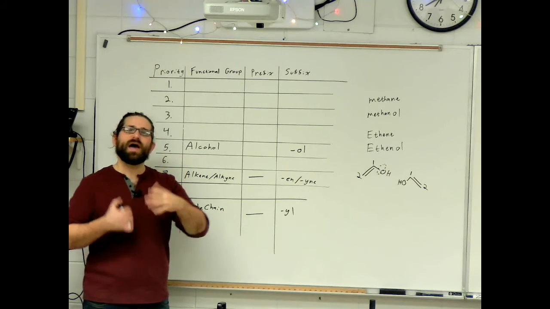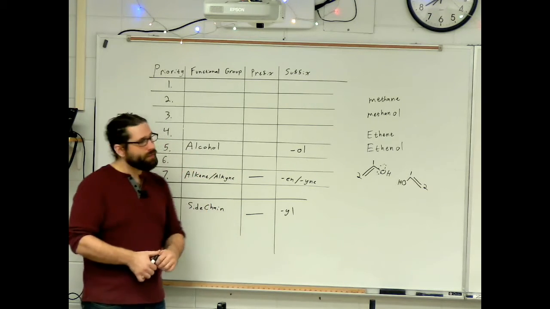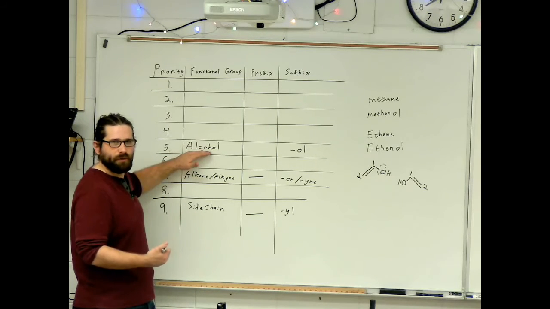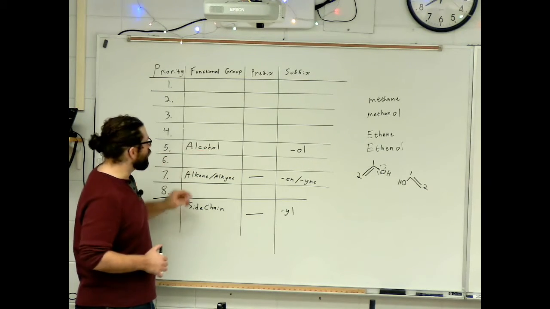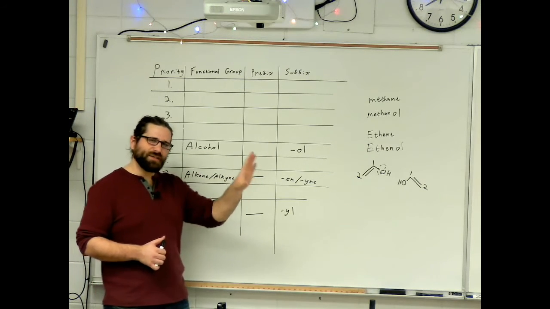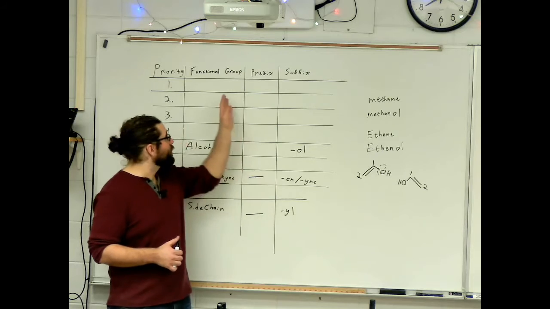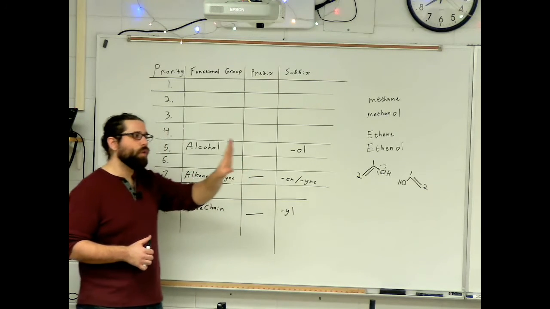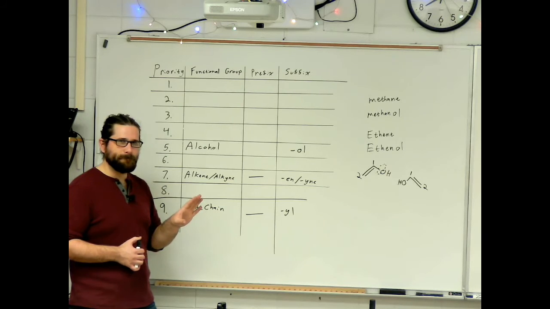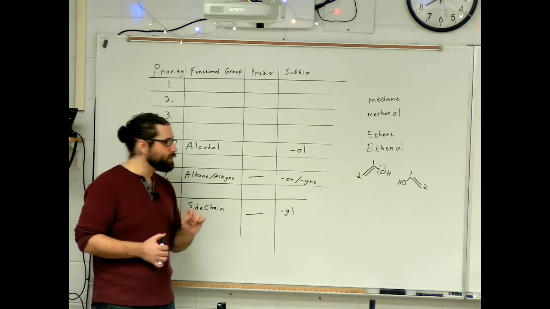One, in how we number our carbons. The highest priority gets preference over how the carbons are numbered. So remember, when we number our carbons, we're trying to give that highest priority functional group the lowest number carbon it can have. Okay? That might take a little bit of getting used to.